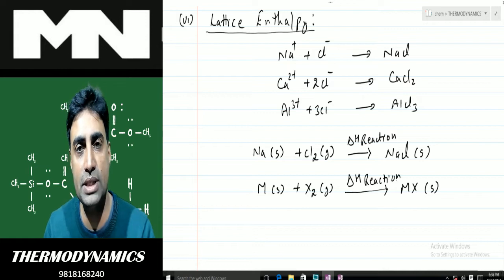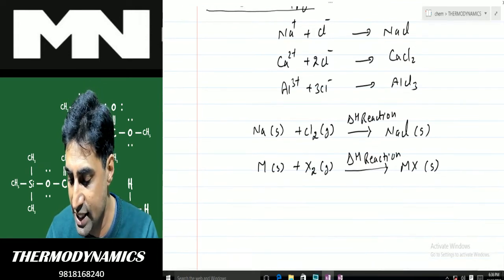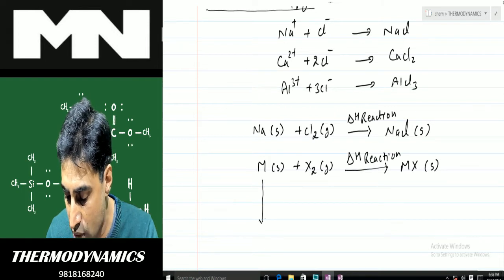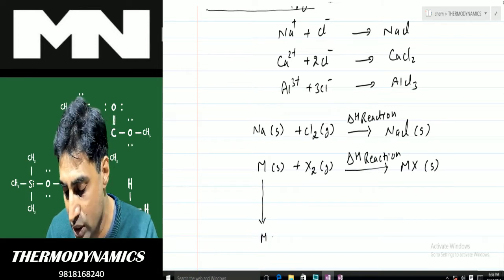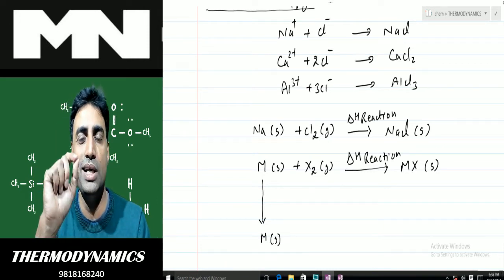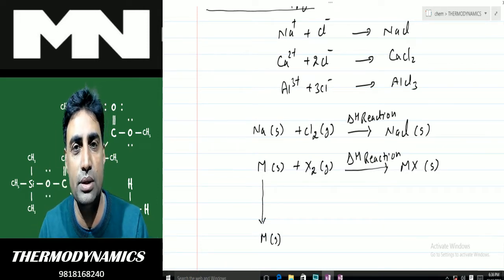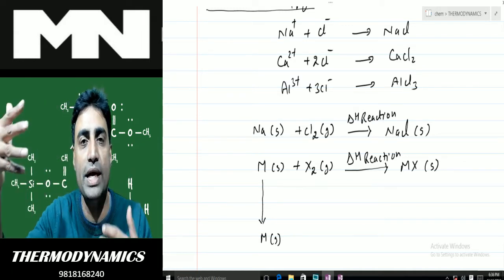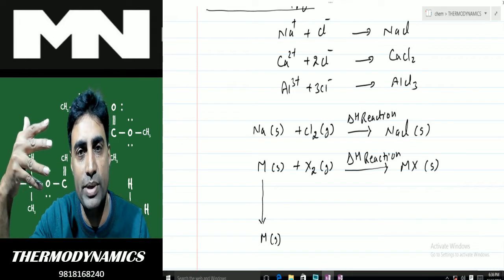This whole process comprises of some steps. We'll see that. Initially, out of a large number of metal atoms, one metal atom will come out, that is in the gaseous state. In a metal, a large number of atoms are joined together. They have some attraction. Now what we are doing? We are taking out one atom so that it can react with a non-metal.